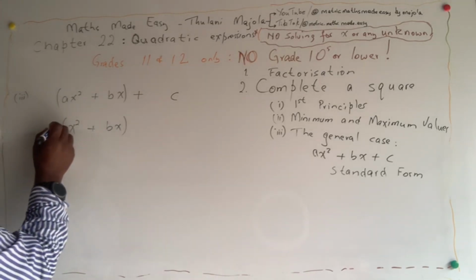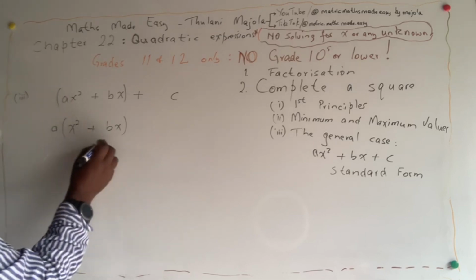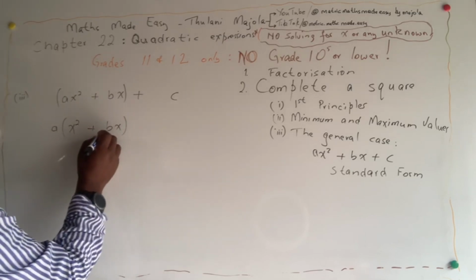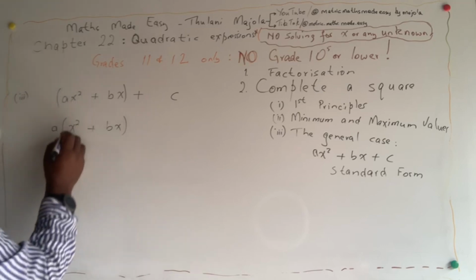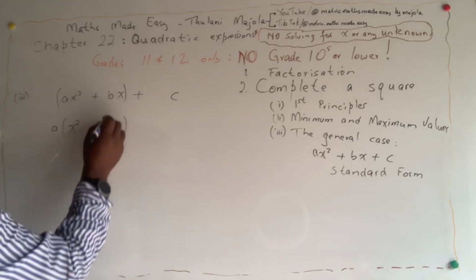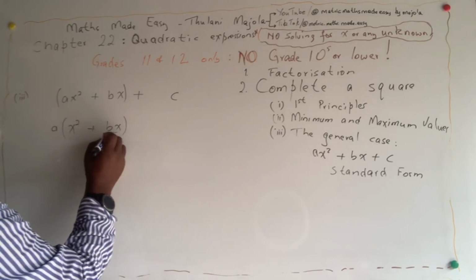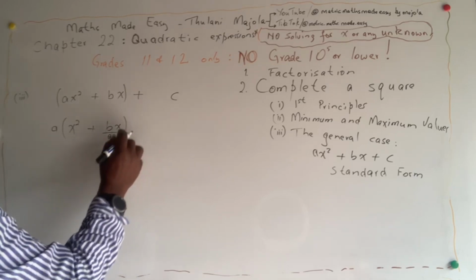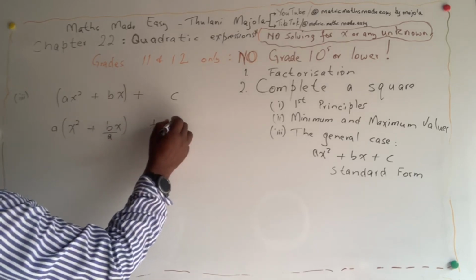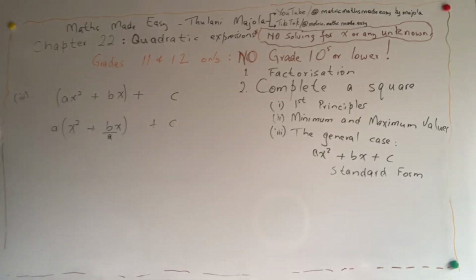So you divide by a: you divide ax squared by a, and you divide bx by a. And then you leave c alone.